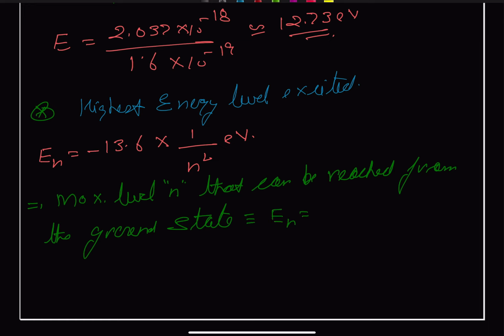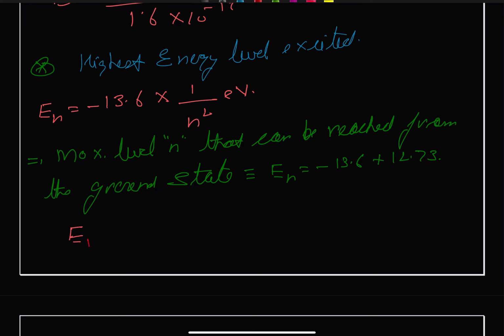E of n is equal to minus 13.6 plus 12.73, and from here we get our E of n is equal to minus 0.87 electron volt, and E of n is also governed by the standard equation, which is equal to minus 13.6 into 1 upon n square.